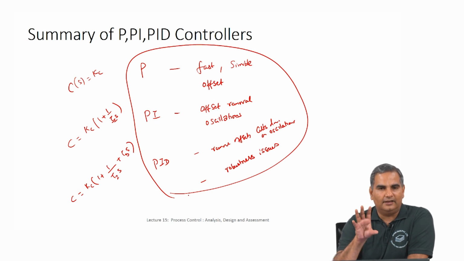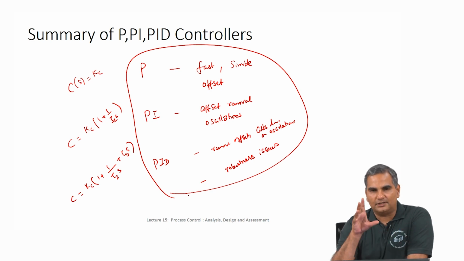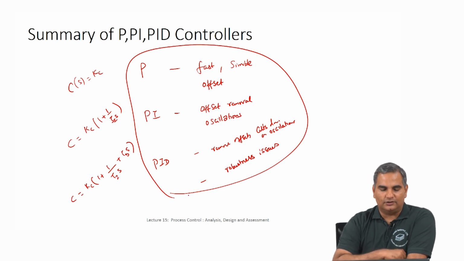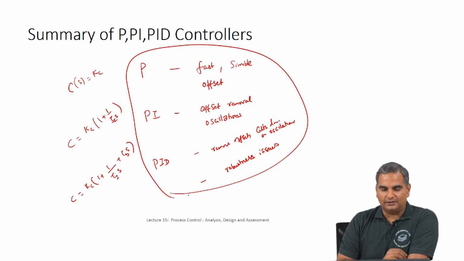And the key connection is we have shown you how to derive the transfer function for closed loop from open loop transfer functions and the controller transfer function. So, once you have this logical thought process, analyzing stability of closed loop systems becomes very simple. So, we will pick up on this idea in the next lecture and show you some interesting concepts in terms of stability of closed loop systems.